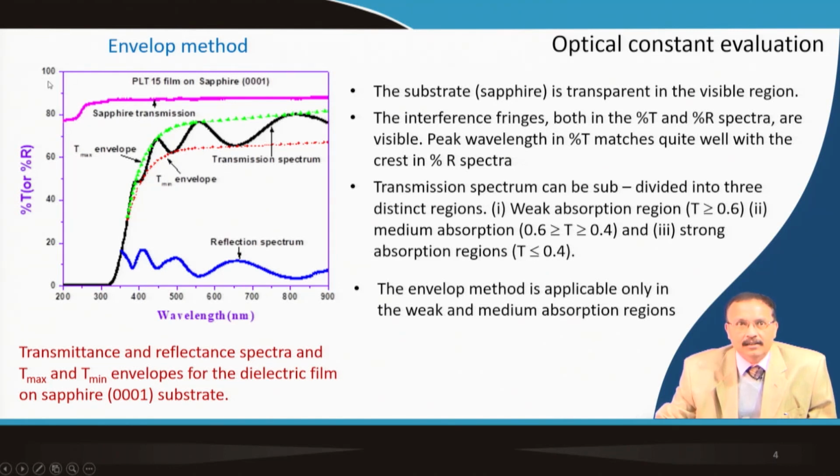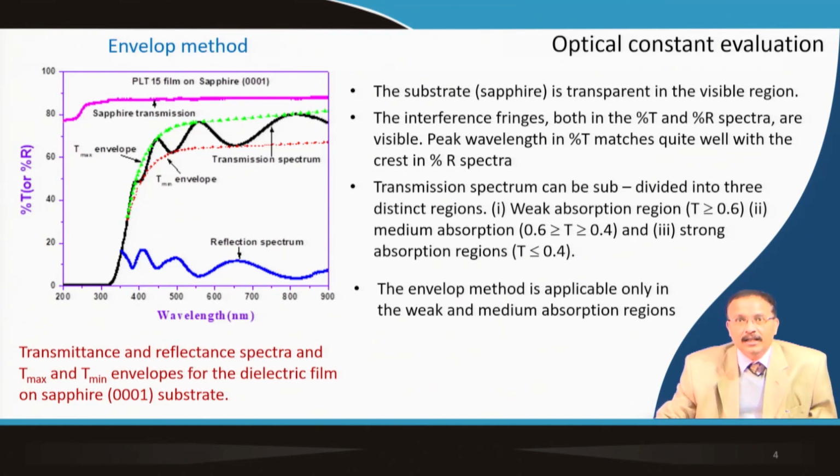As you can see, almost 90% transmittance one can achieve. And you get the interference fringes both in the transmittance spectra, or percent transmission, as well as the reflected spectra. One difference you can see is that the peak of percent T matches with the crest of percent R. This transmission spectrum you can subdivide into 3 distinct regions.